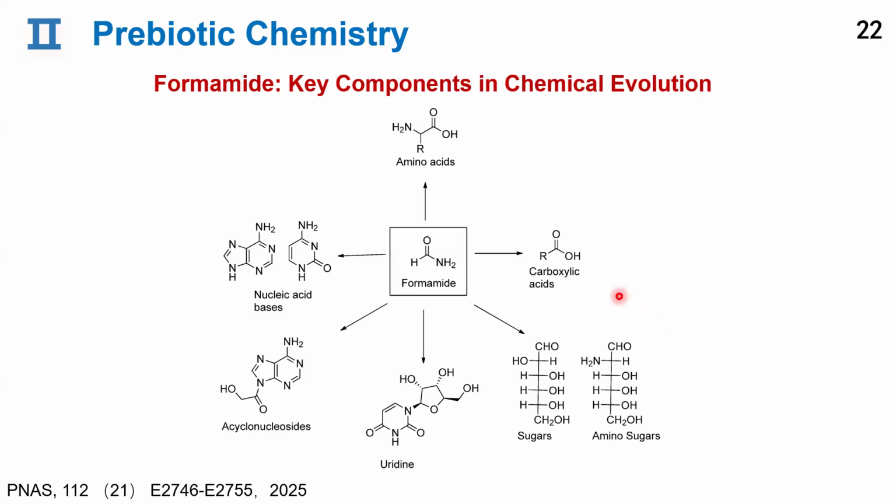Formamide is a small, highly reactive molecule that can act both as a solvent and as a reactant. Under different energy sources, such as UV light, plasma discharge, or mineral catalysis, formamide can yield a wide range of key biological precursors. As shown in the figure, formamide chemistry can transform into amino acids and nucleic acid bases and sugars and so on.